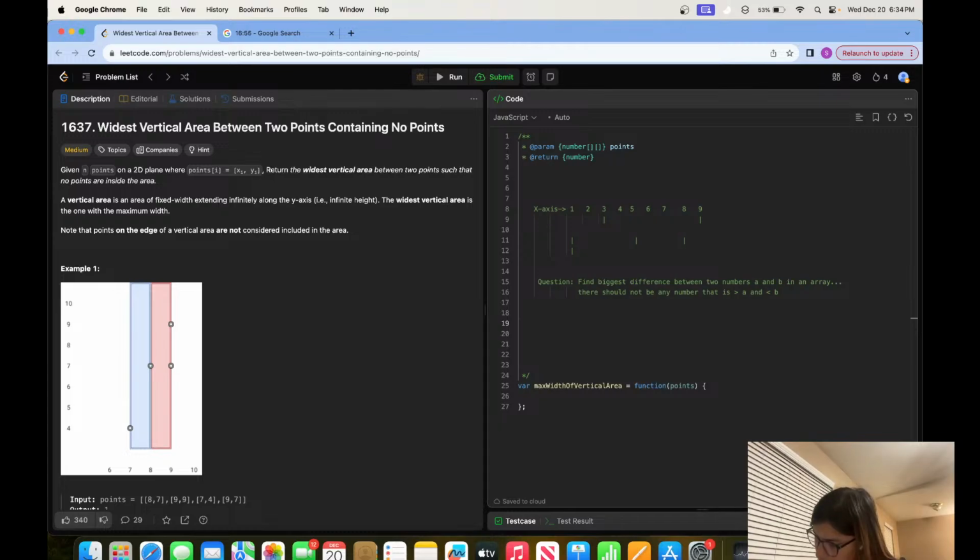Suppose the numbers are sorted, then what can I do?